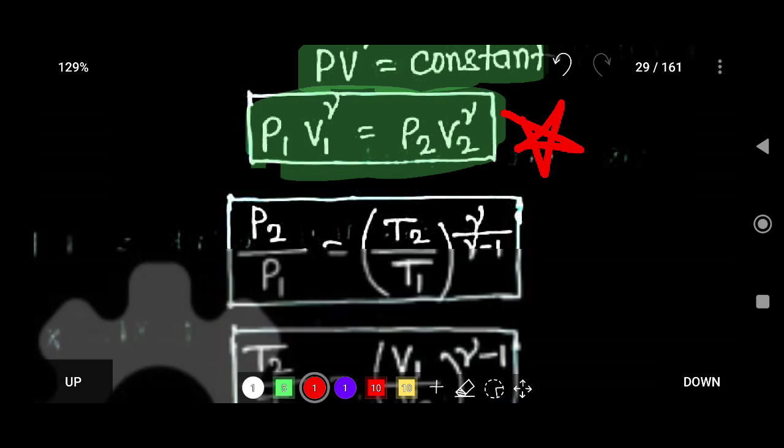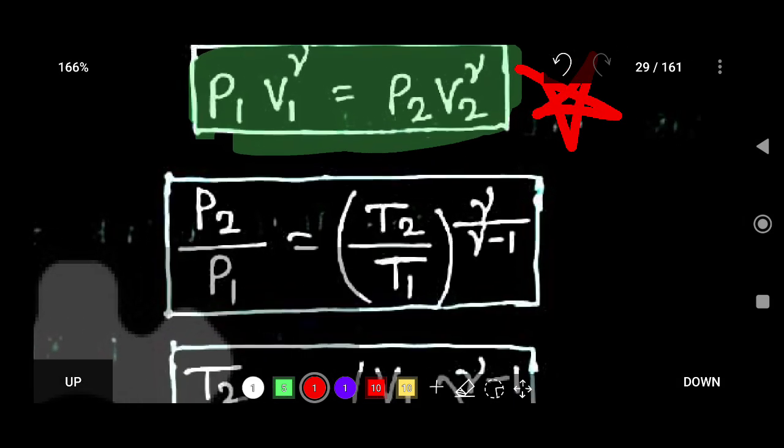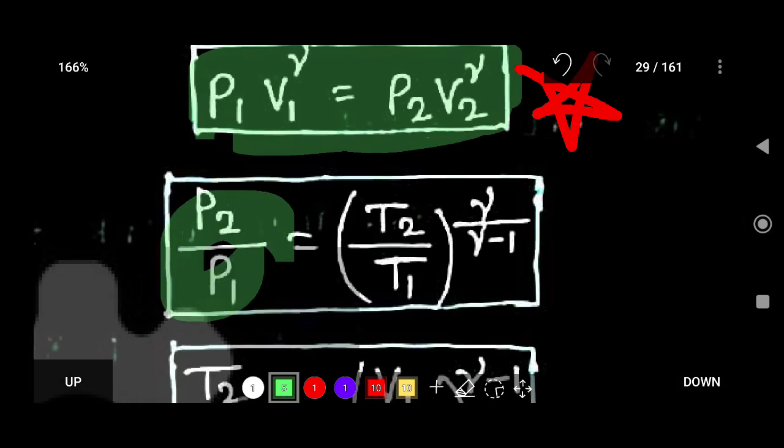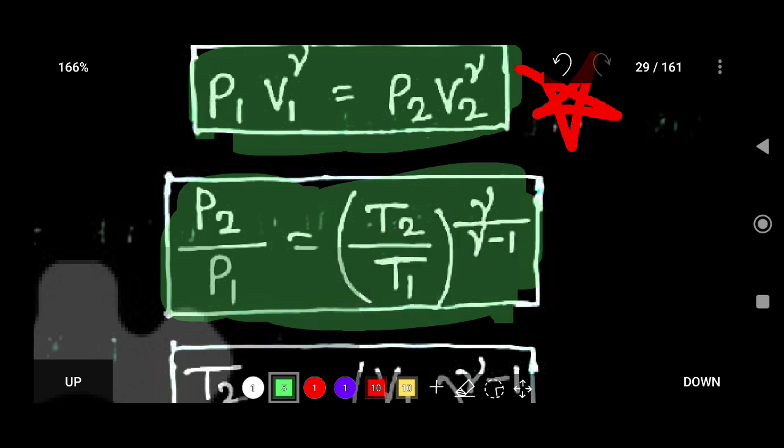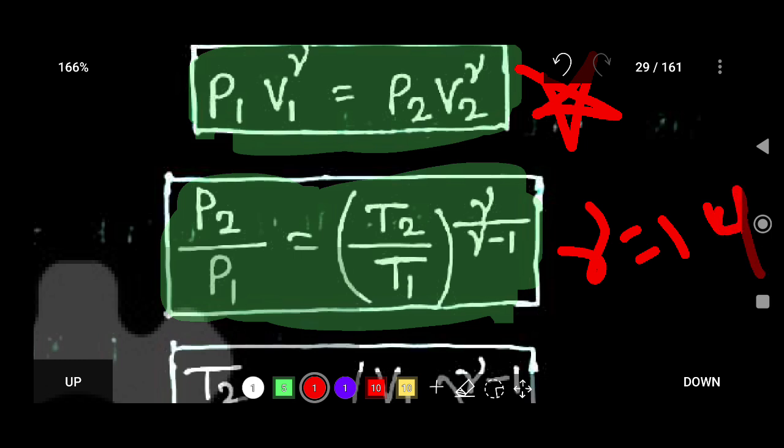Now there is a relation: P2 by P1 equal to T2 by T1 to the power gamma upon gamma minus 1. Remember, gamma equal to 1.4 for air. So this relation is important.